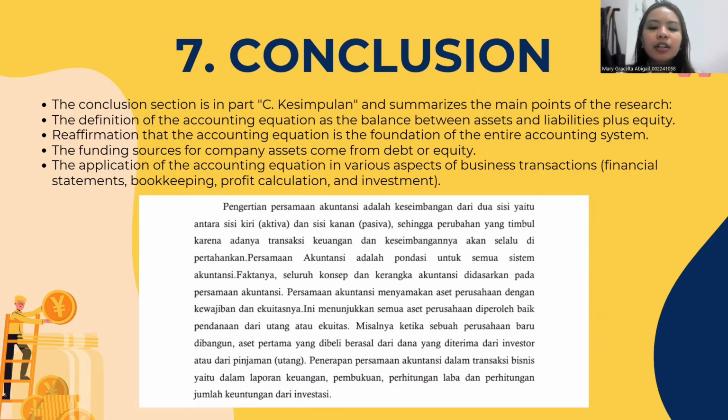The funding sources for company assets come from debt or equity. 5. The applications of the accounting equation in various aspects of business transactions, financial statements, bookkeeping, profit calculations, and investment.